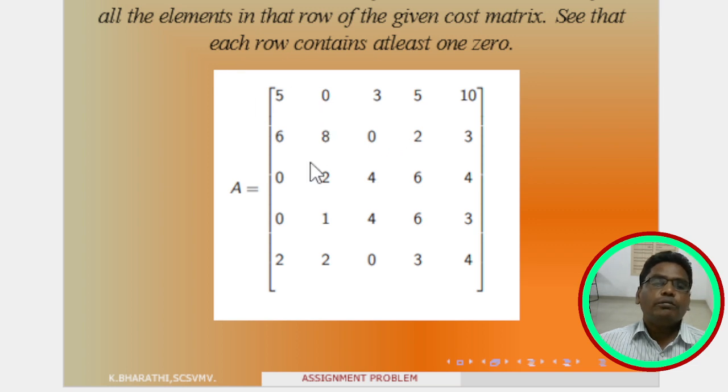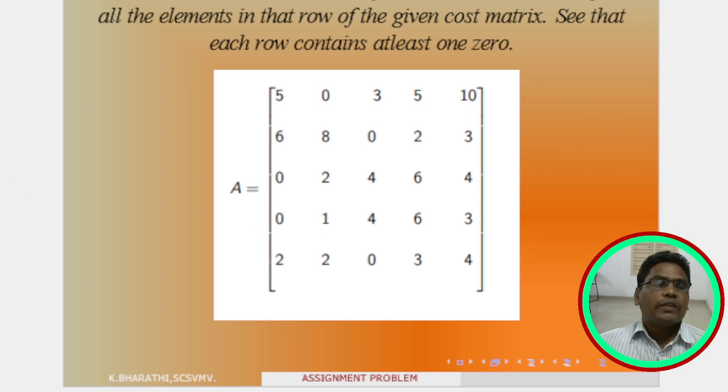In this payoff matrix, select the smallest cost element of each row and subtract it from all the elements in that row of the given cost matrix. See that each row contains at least one 0.